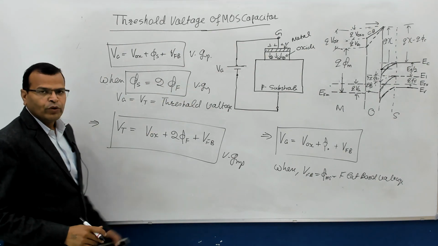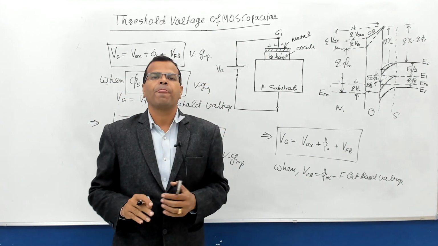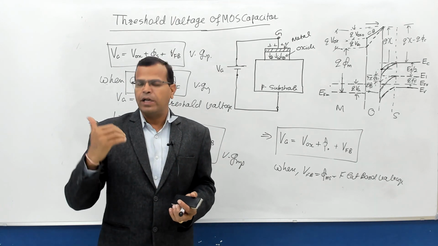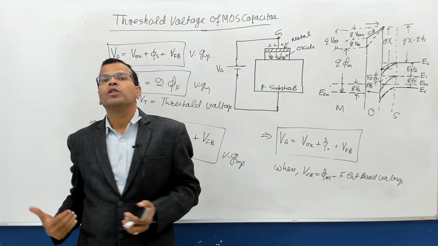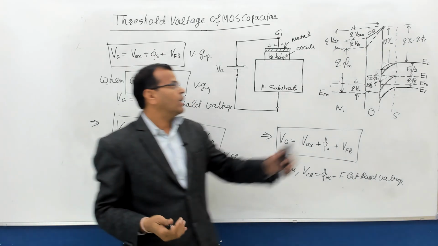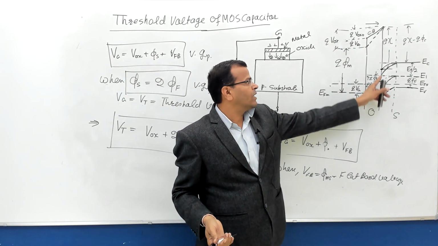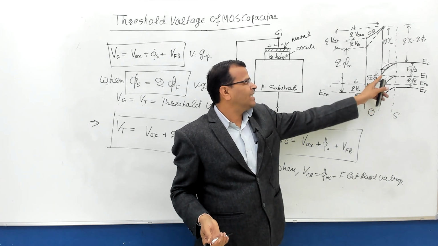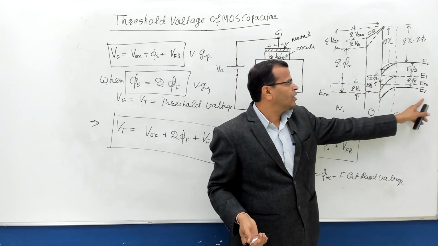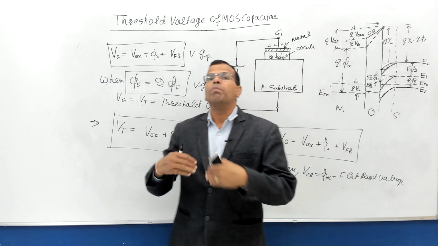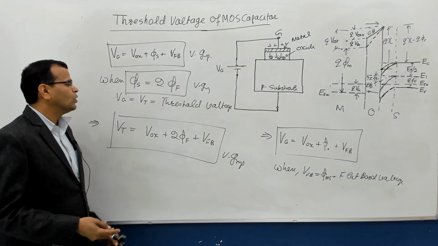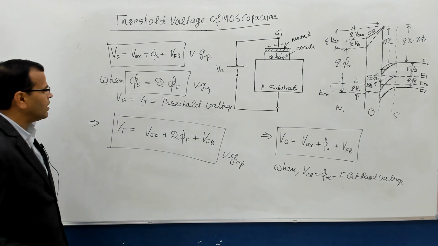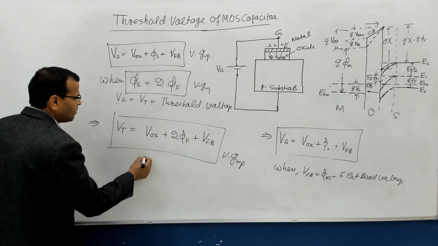So threshold voltage is the boundary at which the device is at the verge of entering into strong inversion. Strong inversion means what? The concentration of electrons at the boundary after this stage will become more than the concentration of holes in the bulk of the substrate. That is known as the threshold condition. So please remember one thing, I have already given you the expressions.